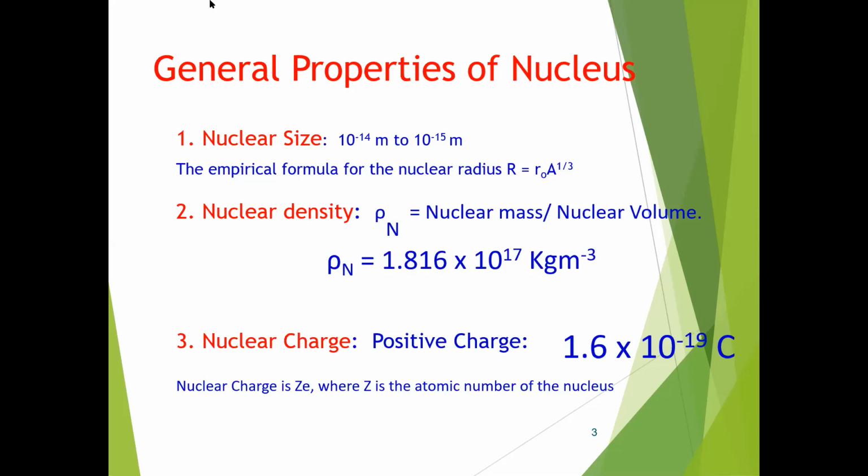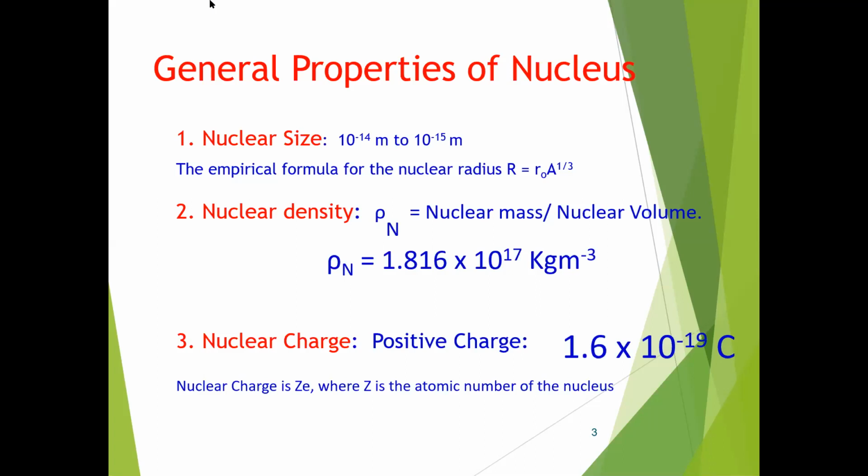In the nucleus, the nucleons are protons and neutrons. So the nucleus consists of nucleons, that are protons and neutrons. They exist in a small area.